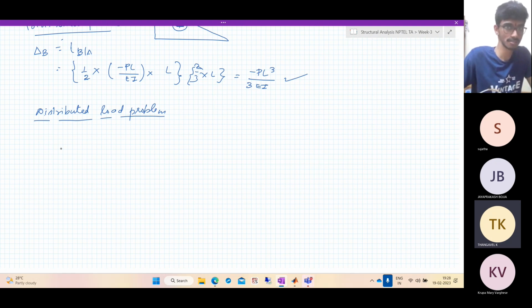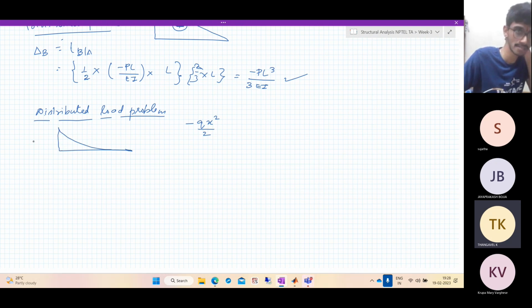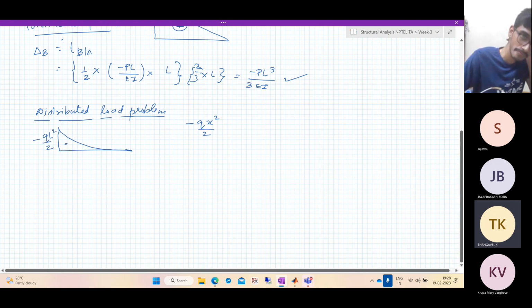So let us find out the bending moment diagram. You know it is simply minus qx square by 2, and you know very well how it comes. Let me draw it like this. The maximum value is minus ql square by 2.